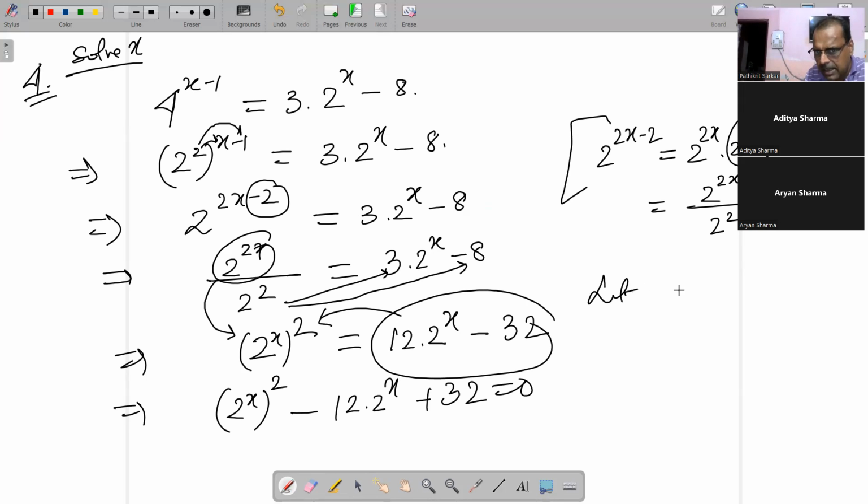अभी सर यहाँ पर let 2 to the power x is equal to a, क्योंकि फैक्टराइज करना है तो हम इसी हिसाब से इसको ब्रेक कर लेंगे.